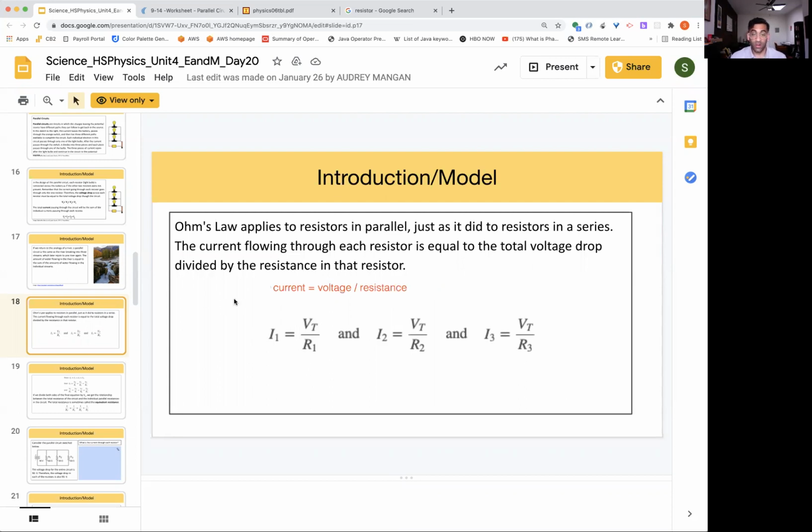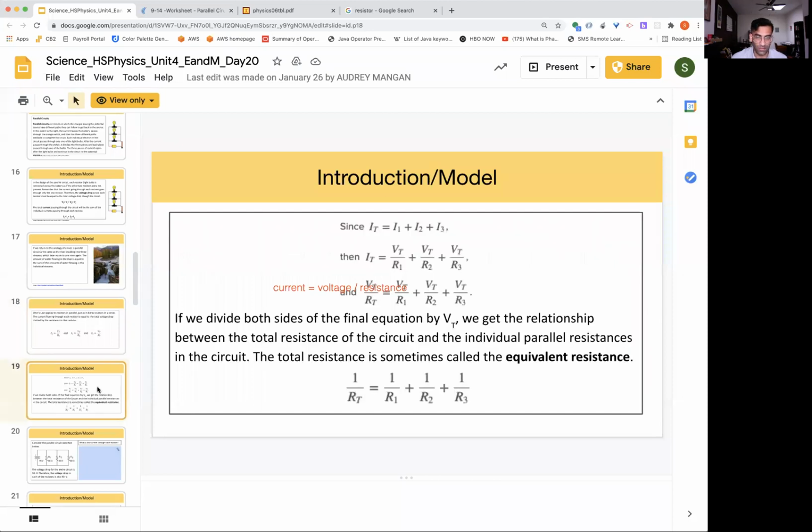Okay, and so since our total current is going to be the sum of all of our individual currents, then we can set up a relationship the way they do in the following slide. I'm going to clear that because it's running into their graphic. We know since the total current is the sum of the individual currents, I'm going to put a text box next to here.